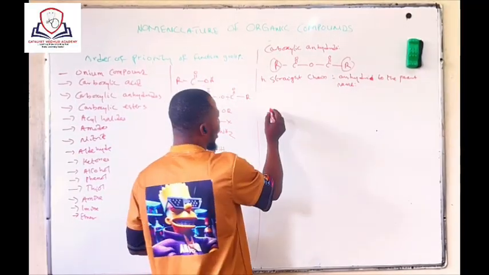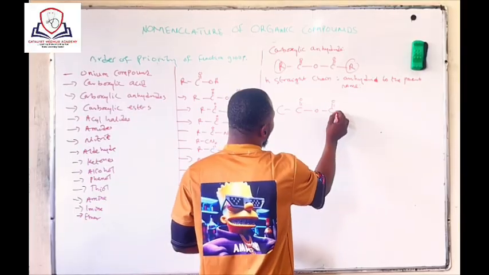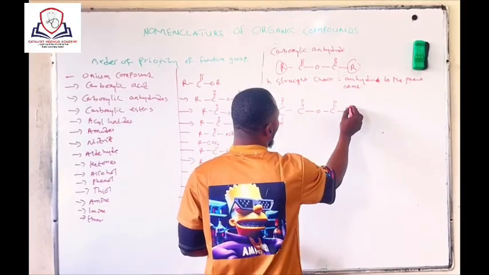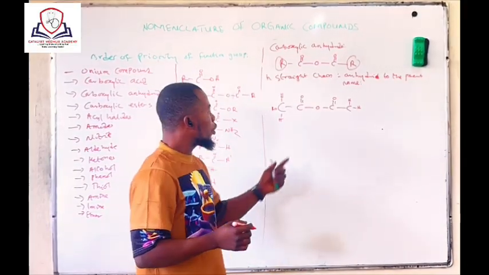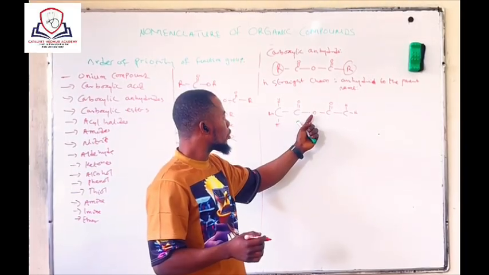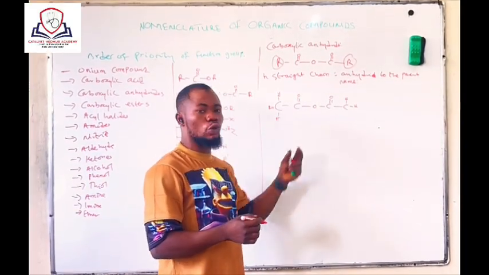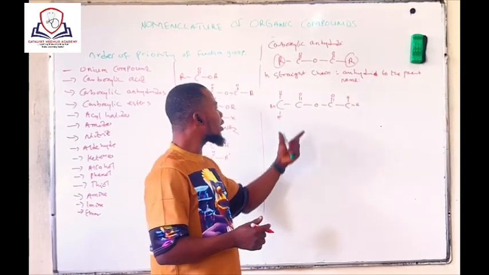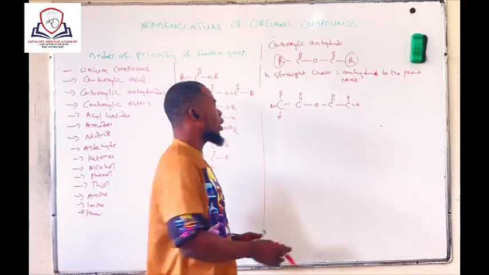For example, you can have something like this. You can see that the number of carbons before the O is 2, and the number of carbons after it is also 2. We can call this our symmetric anhydride. Since the number of carbons is the same, we just call one, then put anhydride to it.